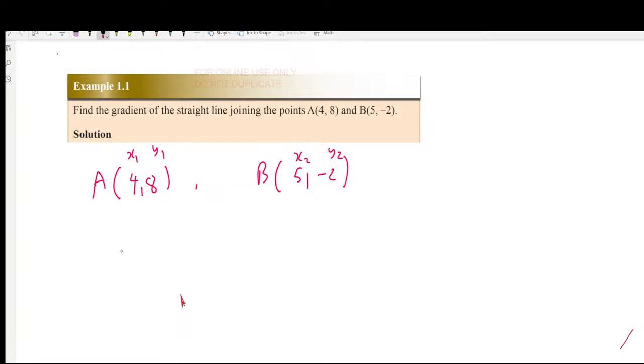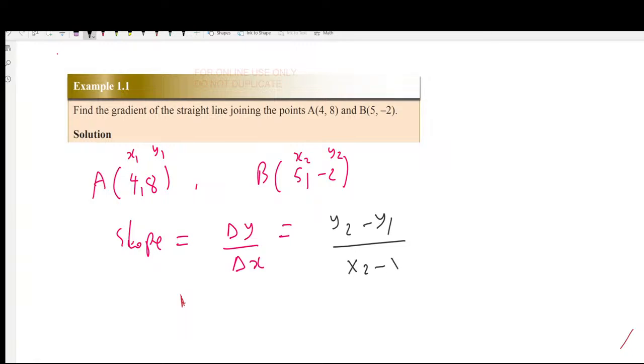So the slope, we know that slope, dear students, is change in y over change in x. We simply say that it is y2 minus y1 over x2 minus x1. So the slope m will be y2, which is -2, minus y1, which is 8, divided by 5 minus 4.